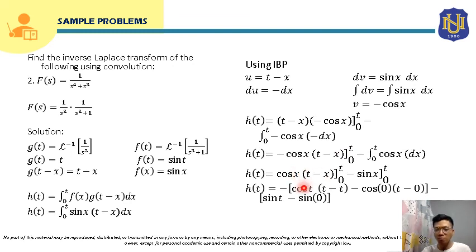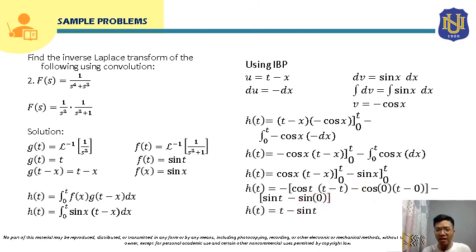So this will become cosine t times t minus t. Minus, we substitute the lower limit, which is 0. So this will become cosine 0 times t minus 0. Minus, for this one, we factor out this negative, and we will now substitute the upper limit to variable x, which will become sine t, minus, we now substitute the lower limit, which is 0. So this will become minus sine of 0.